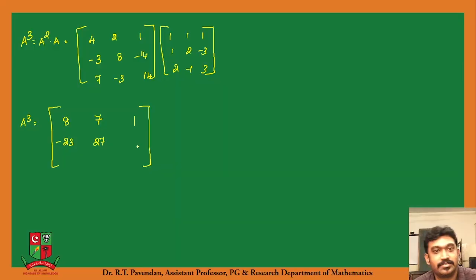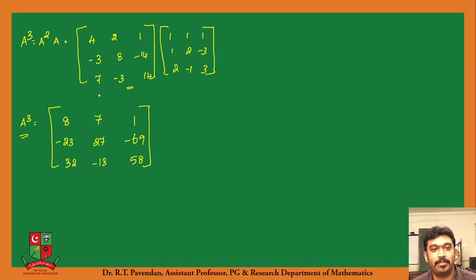So the value is, by adding we get negative 69. Likewise, for the third row we get 32, minus 13 and 58. So one can actually check if this is what you are getting. So we have found out A cube, we also know what is A square.